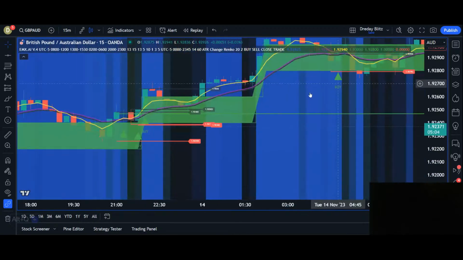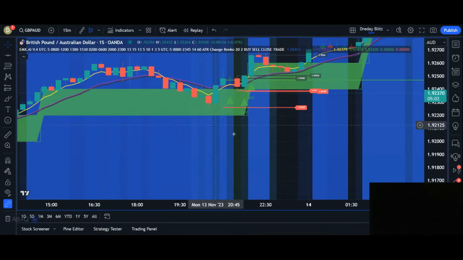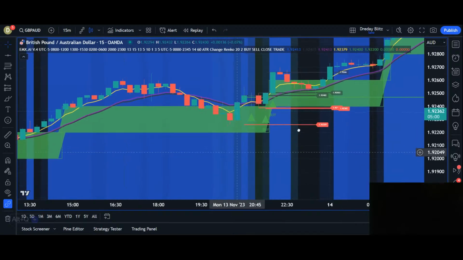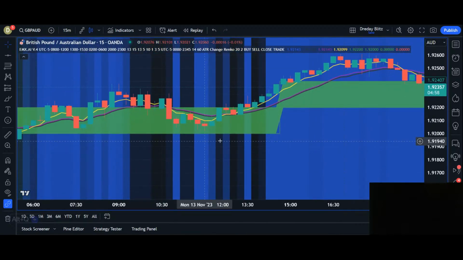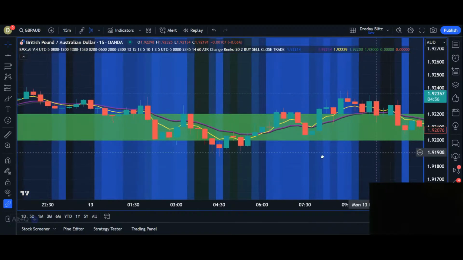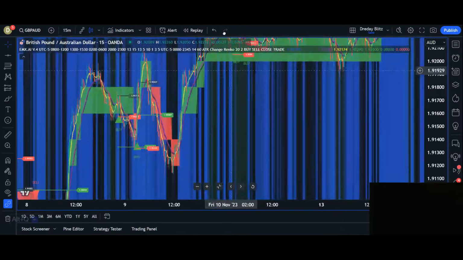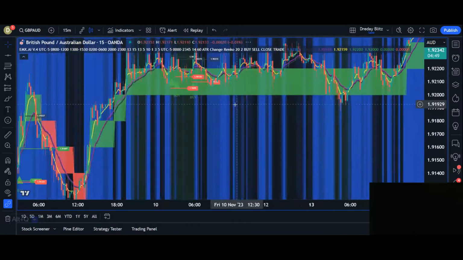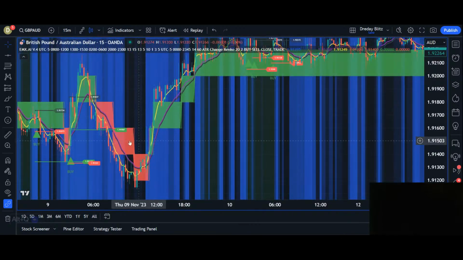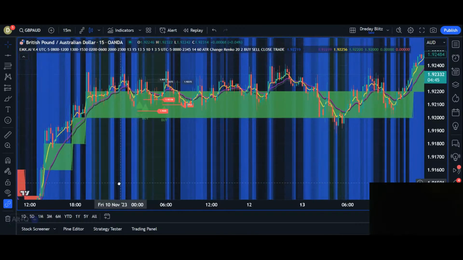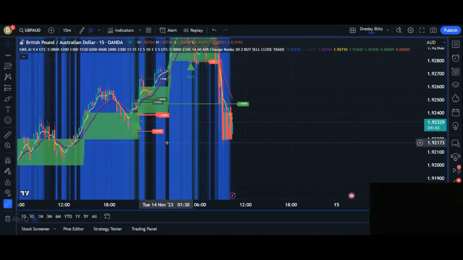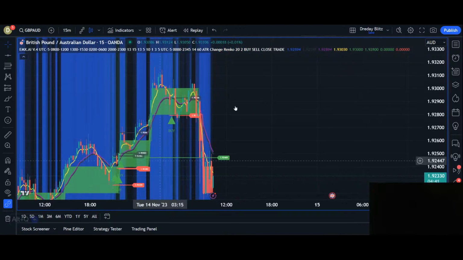So that means that those two trades will be in profit. And let's look back to see if we had any buys here. No. But you would be in a buy since right here, because it never switched to a sell until this point.